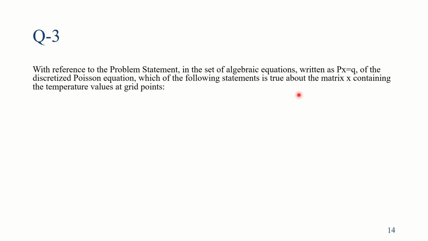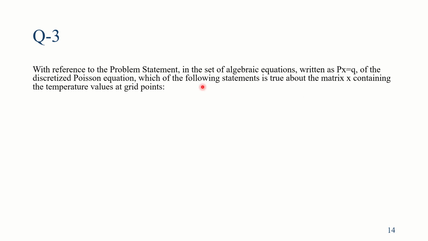As we have seen, when we are discretizing the equation along i and j vectors, we will be moving from x1 to x2, y1 to y2, everything. Those coefficients we would take and put in the P matrix, and those T values we will put in the x column vector. So the x column vector here is the temperature column vector.